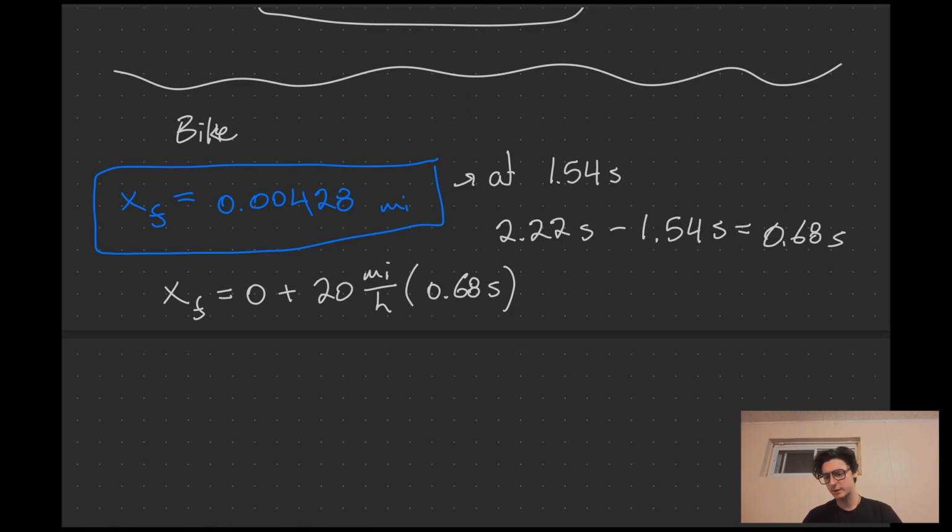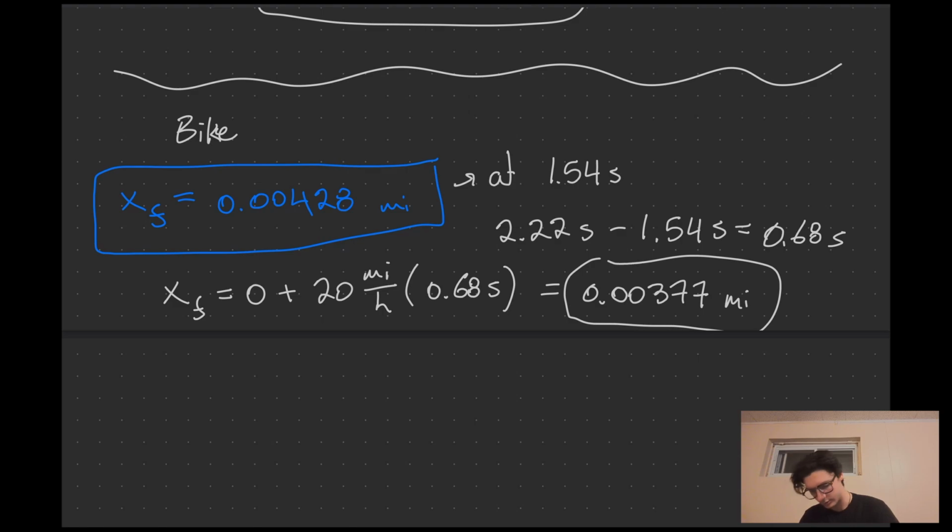Divide that by 3600 to cancel out those hours and turn them into seconds. And what we get is 0.00377 miles. So the bike has traveled this much after it has finished accelerating for that 1.54 seconds, after which it's going to cruise at a constant 20 miles per hour for just a little bit longer until it reaches this moment of interest, 2.22 seconds.